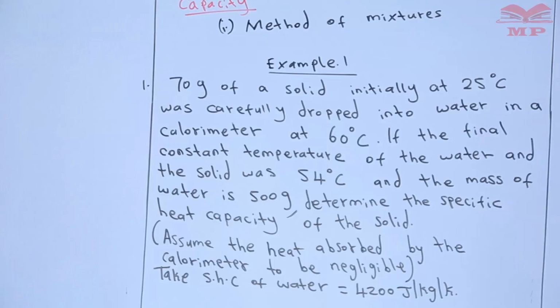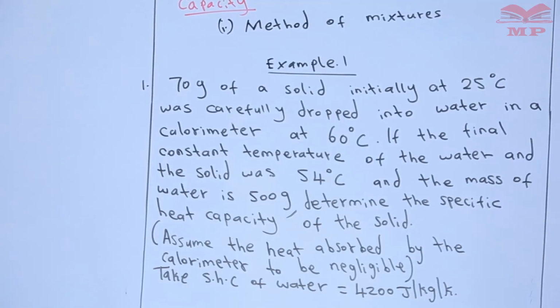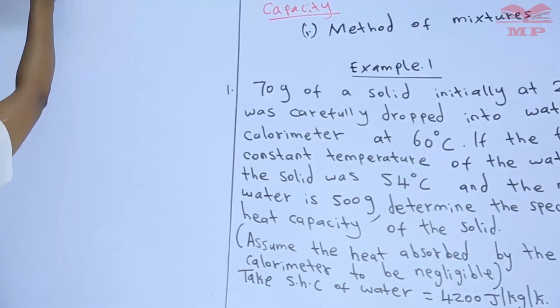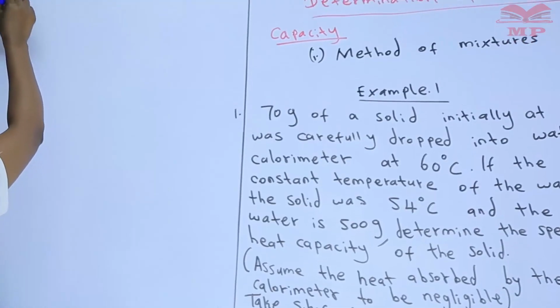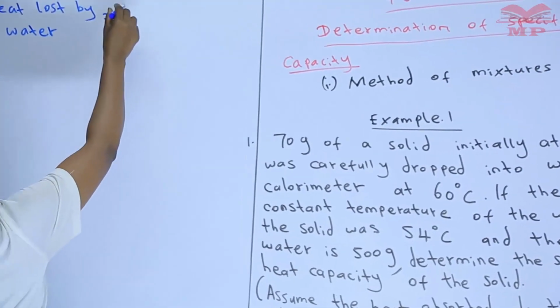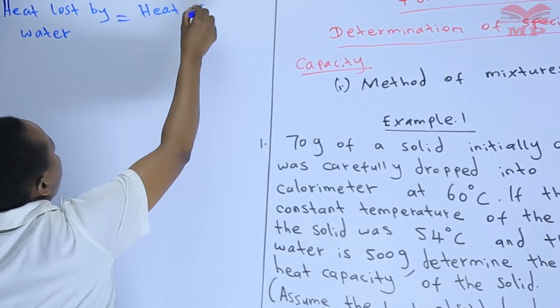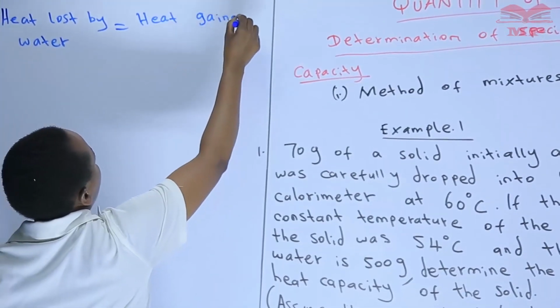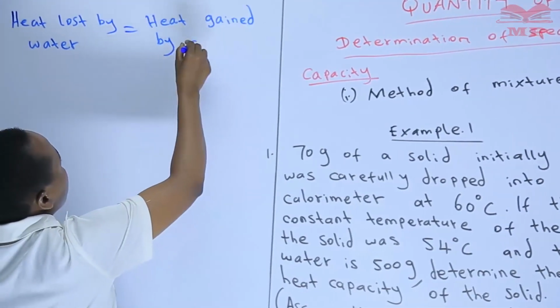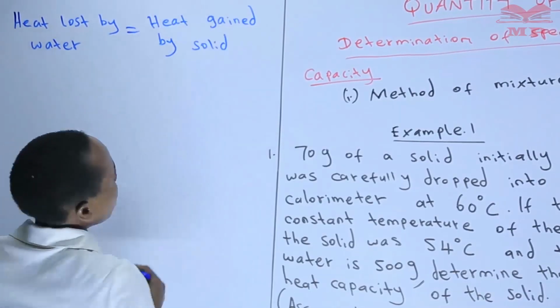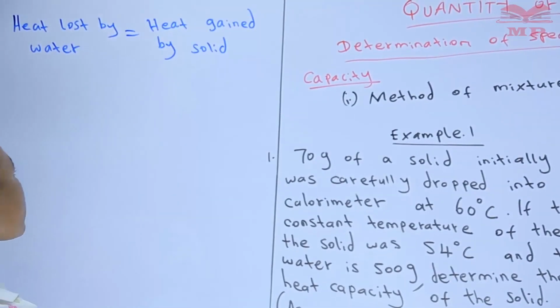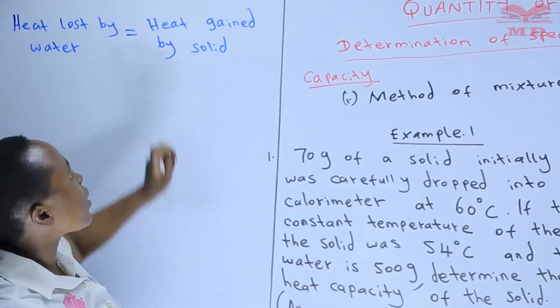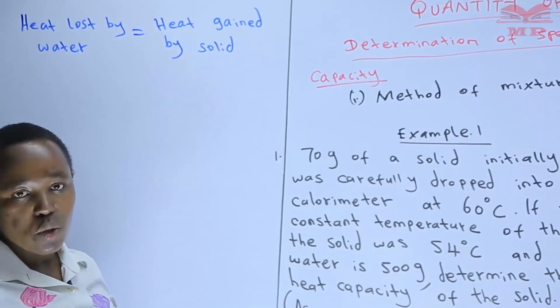So we'll start by saying that heat lost by water is equal to heat gained by the solid. So that is very key. Heat lost by water is equal to heat gained by the solid.